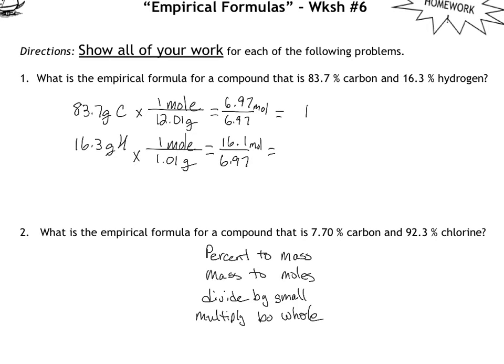And that, of course, equals 1. 16.1 divided by 6.97 equals 2.31.